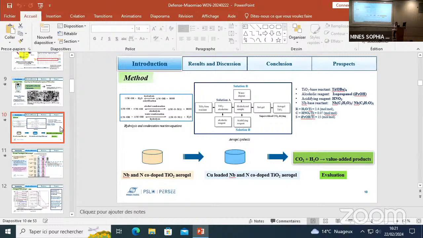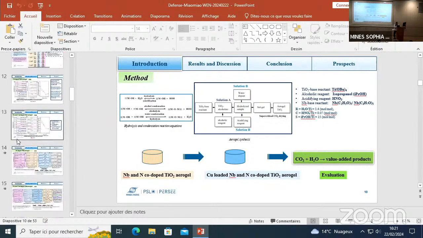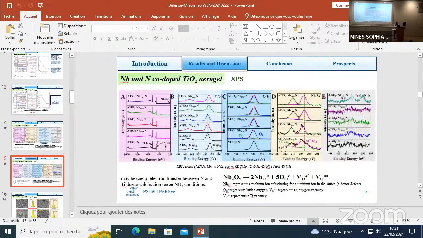For example, I think we have some XPS. I will try to retrieve the slide. Can you retrieve an XPS? Maybe slide 12.